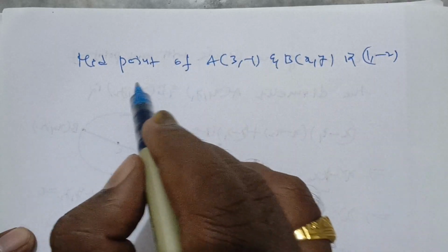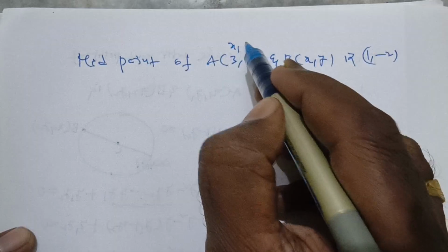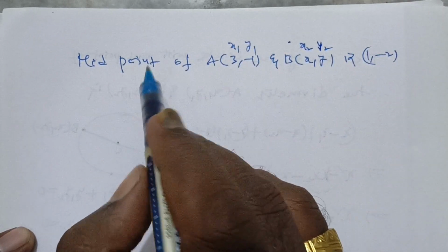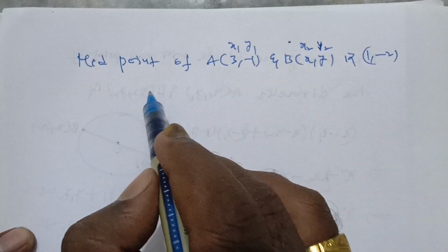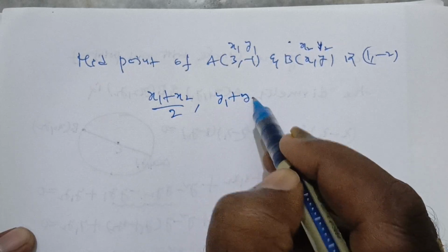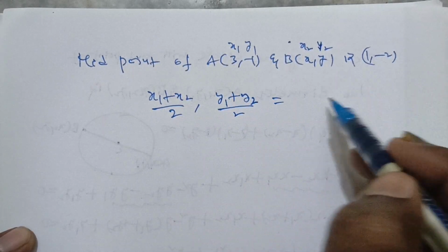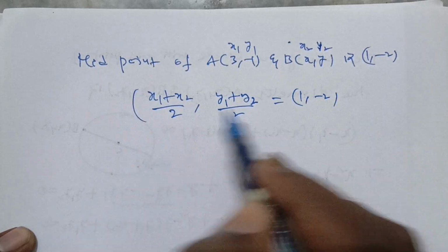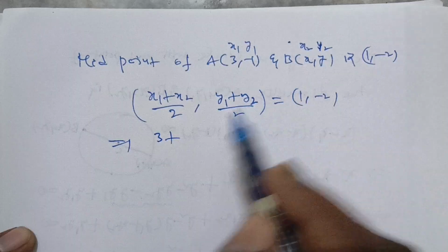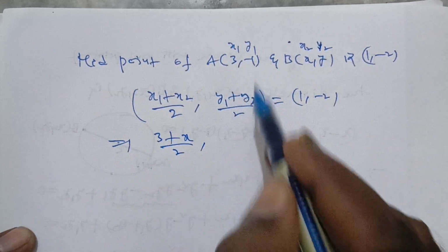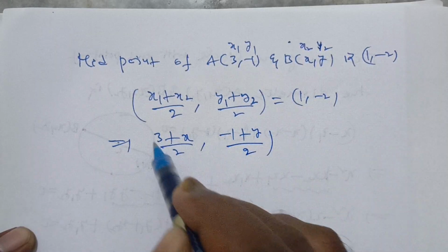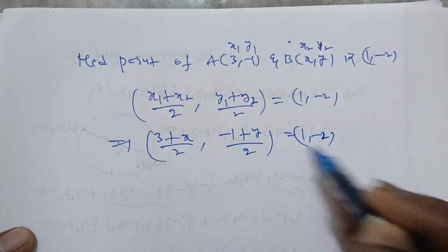If two points are given, x1 y1 and x2 y2, the midpoint of these two is (x1 plus x2 by 2, y1 plus y2 by 2), which is equal to the midpoint (1, minus 2). So here x1 is 3 plus x2, means x, by 2, y1 is minus 1 plus y2, which is y, by 2 is equal to (1, minus 2).